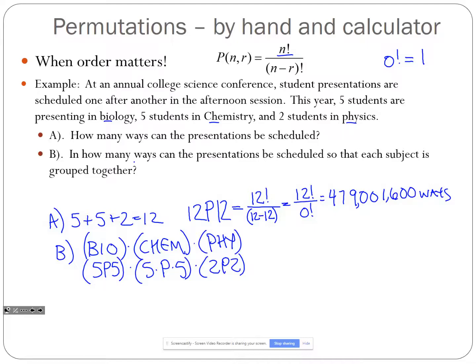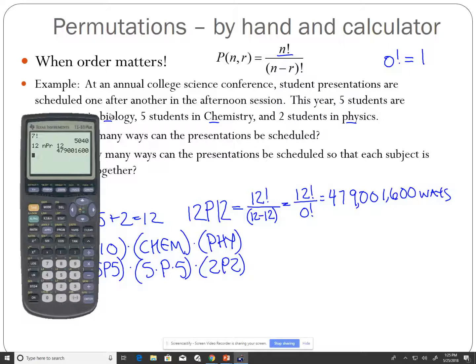So if we go over to the calculator, we'll clear this, and we'll go 5. Whoops, permutation 5. That's not permutation. The other one we need is a 2. Permutation 2.